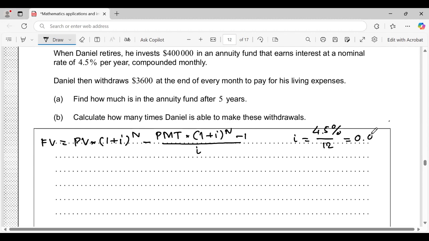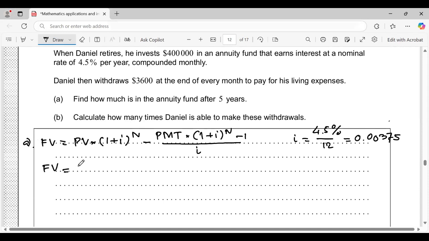So it is 0.00375. Now substitute this information into the formula.